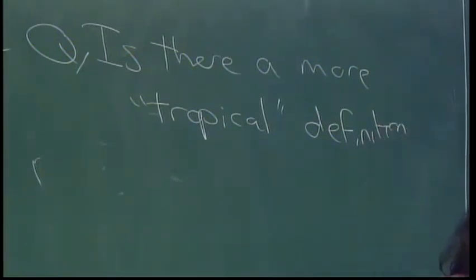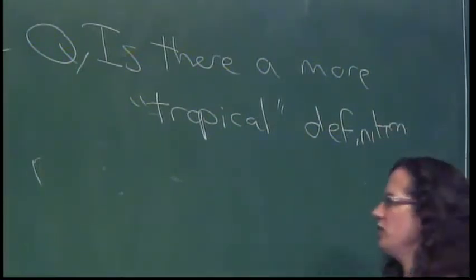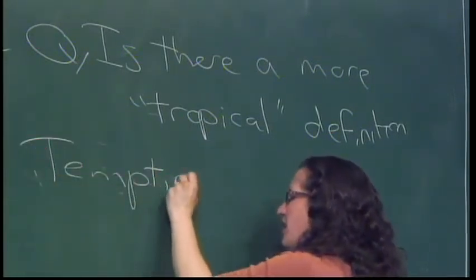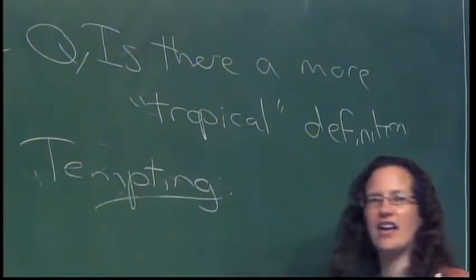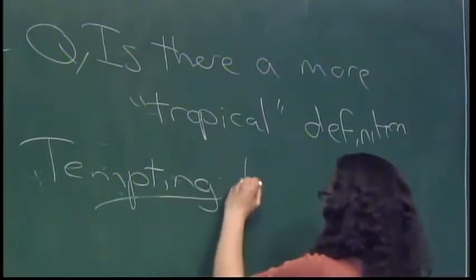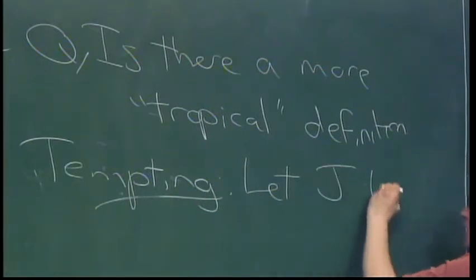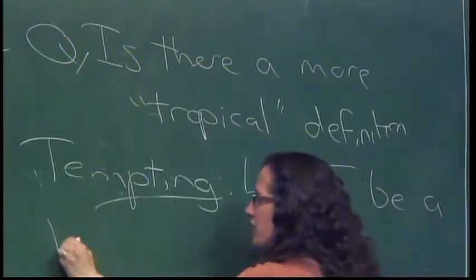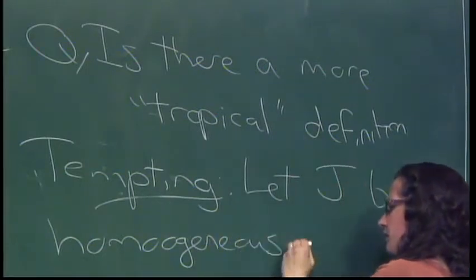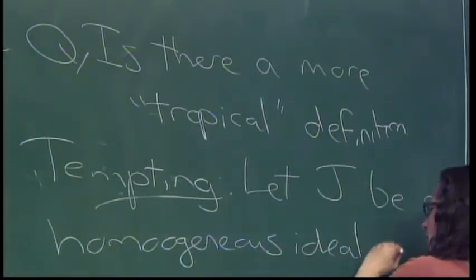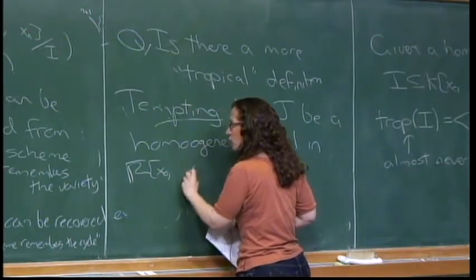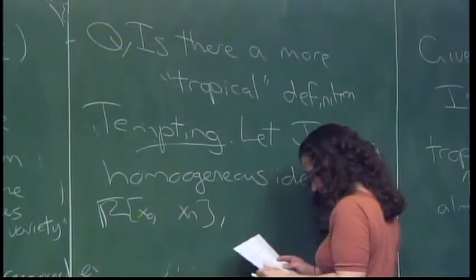Okay, so first, the tempting definition is, and let me tell it to you and then tell you why I don't like it as a definition: we could just say let J be a homogeneous ideal in my semi-ring of tropical polynomials, R bar adjoin x0 up to xn.